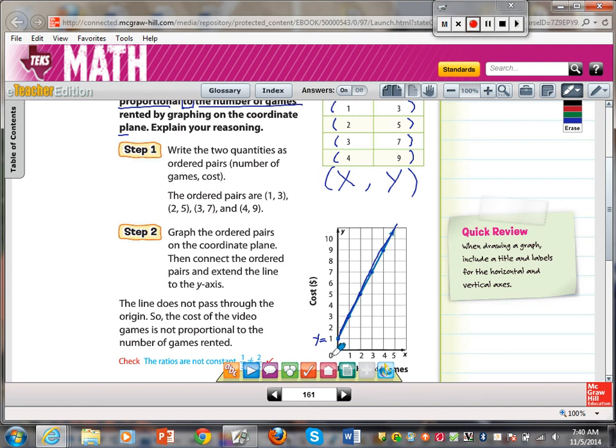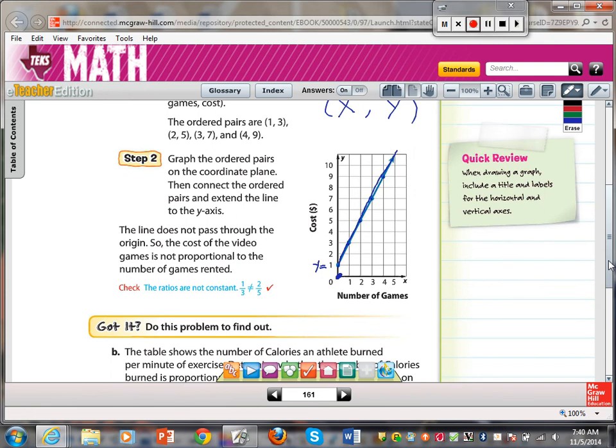Now, for this relationship, you would say the line does not pass through the origin. Just by that part, it fails the proportionality test. So the cost of the video games is not proportional to the number of games rented. And that would be the answer for that one.